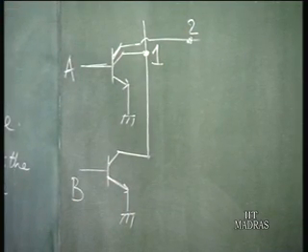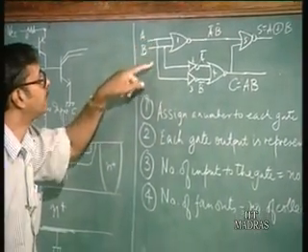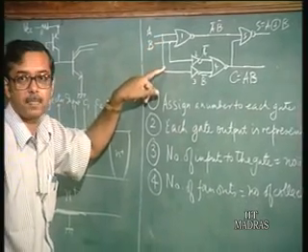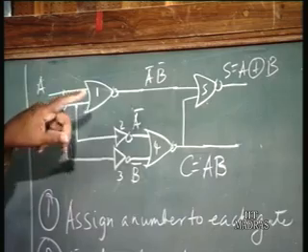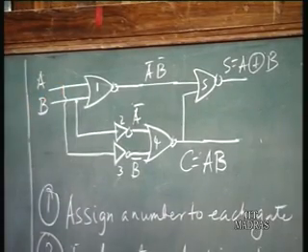If you go back to this circuit, you will again see that from point A we are actually taking two connections. So, for that particular transistor, it must have two collectors.